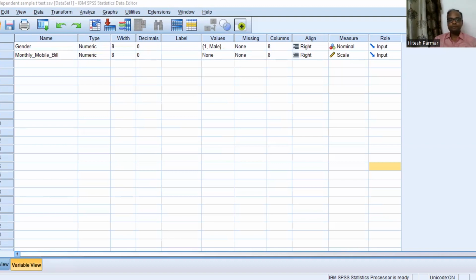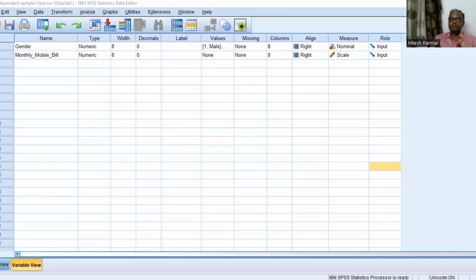You may be thinking, what is the interpretation of this t calculated? This t calculated is 0.379. It indicates the mean difference in terms of standard deviations.